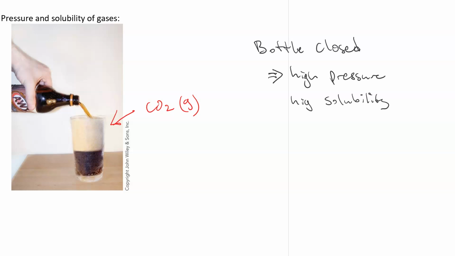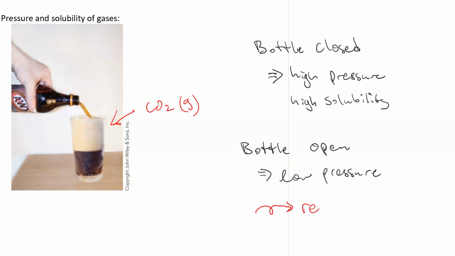So when the bottle is closed, there's high pressure and thus high solubility. When the bottle is opened, however, this lowers the pressure. Whenever you open a bottle or a can of soda, you hear the hiss. That's pressure escaping. This lower pressure reduces the solubility, and so you get the foam.